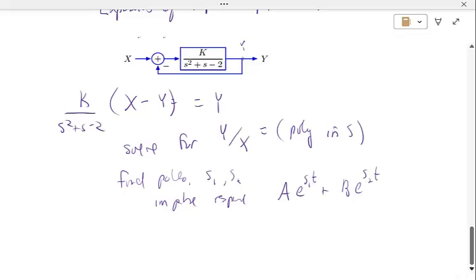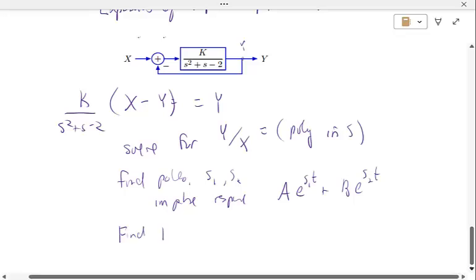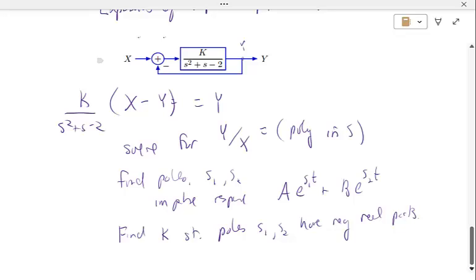And that's going to give you a condition on k. So you want to find k such that the poles s1, s2 have negative real parts. Okay, so that's the relationship between stability and the poles of this impulse response.